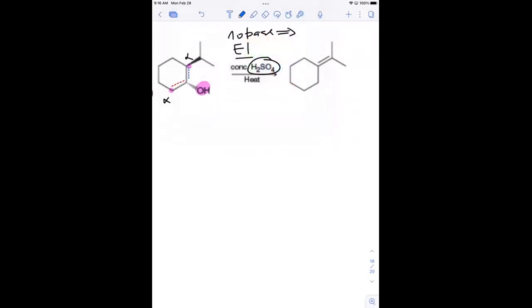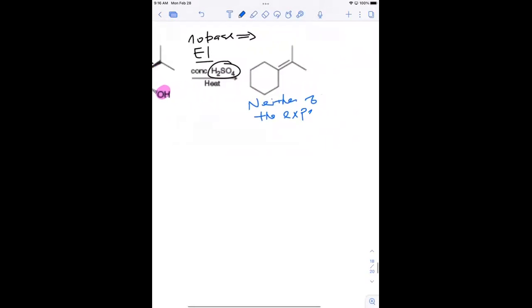So if we go through the mechanism, we can figure out what happened. We know we don't get either one of the expected products.